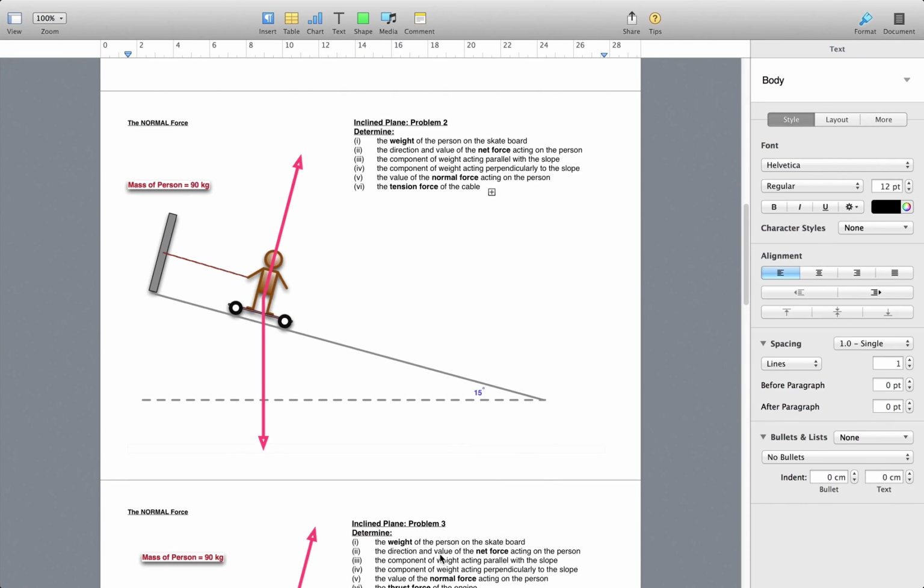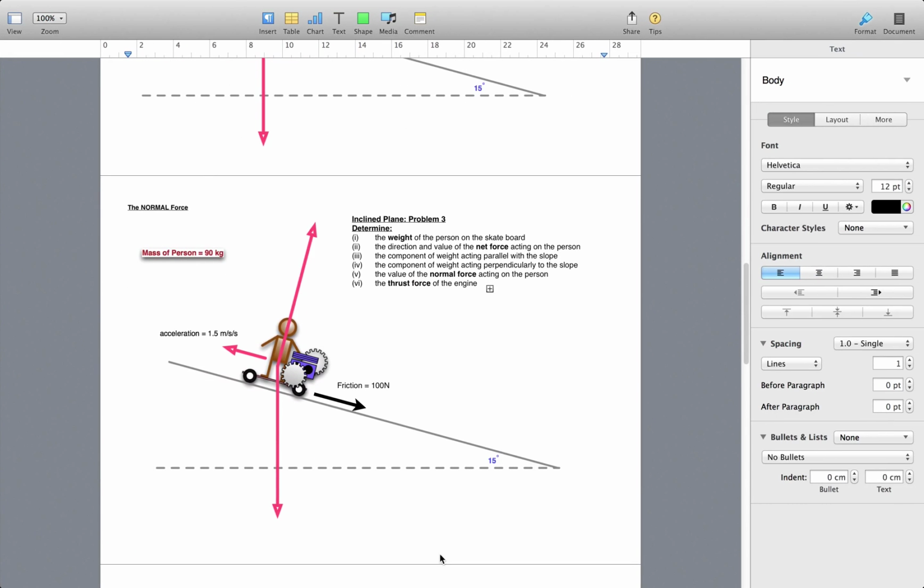Okay, in the final problem, we've got a friction of 100 newtons, and the person's now got a motorised skateboard, and they're accelerating upwards at 1.5 metres per second squared. Okay, I have to work out what's the thrust of the engine.